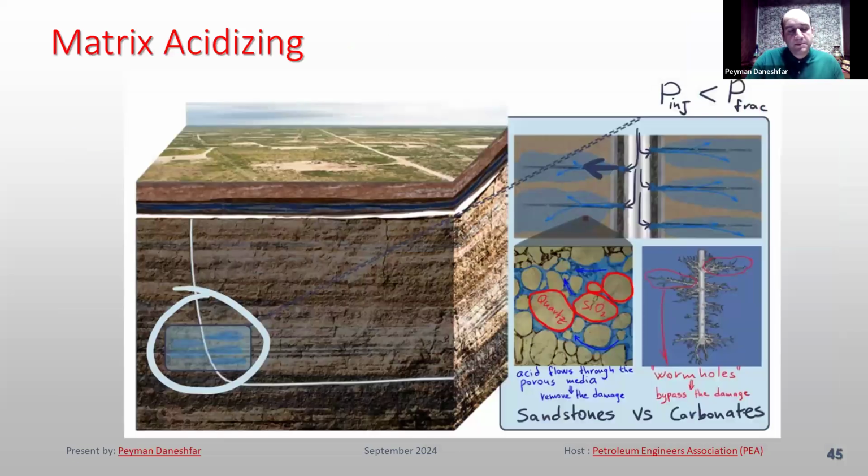Here you can see the matrix acidizing slides. I think I forgot to write a reference here, since some slides were taken from sources, but I wrote the references at the last slide. You can see that the injection pressure should be lower than the fracture pressure.